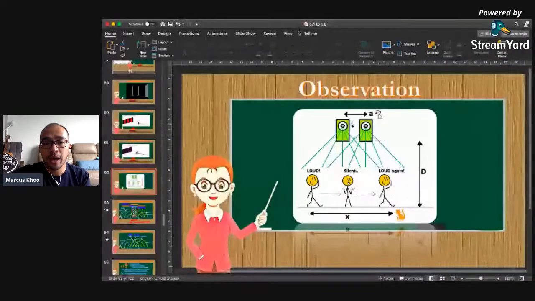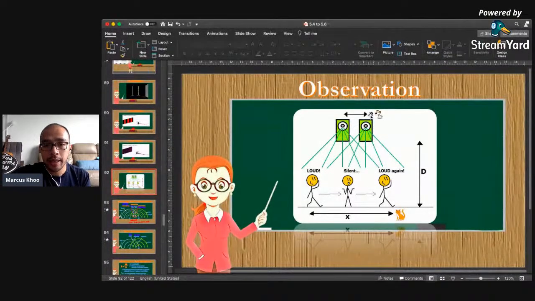All right, so this is what I mean. This is A, this is X. From one loud sound to another loud sound, from one antinode to another antinode, is X. And this is D. D is the distance between the two speakers and the place where you take the reading from. Remember the skateboard thing earlier?